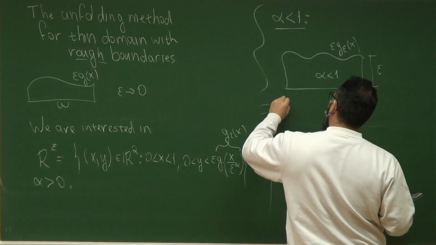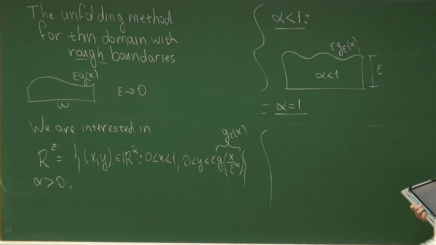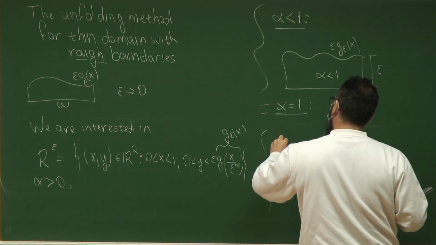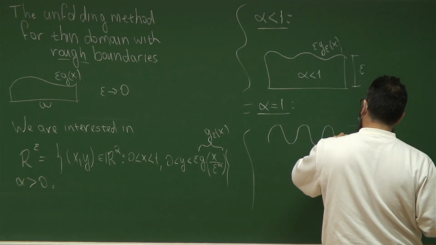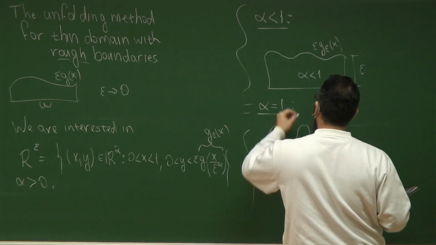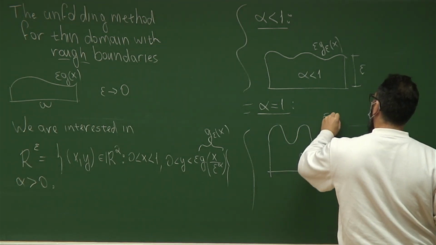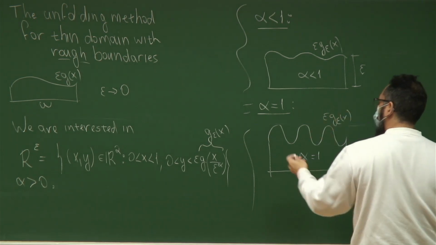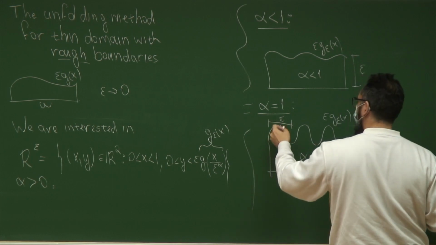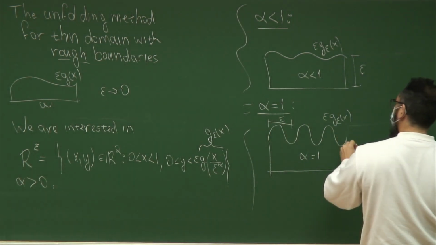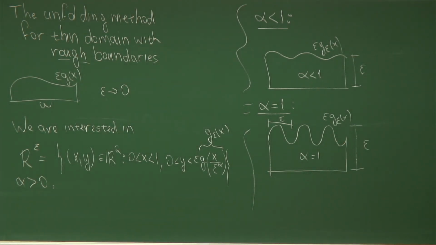The most interesting case is this one, when alpha is equal to 1, which means that something like this. So this will have order epsilon multiplied by something I will show you soon. And this also has the order epsilon.